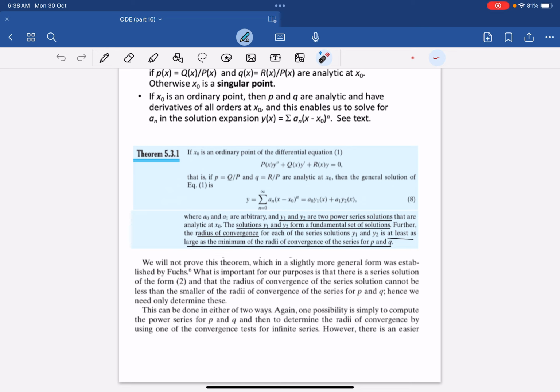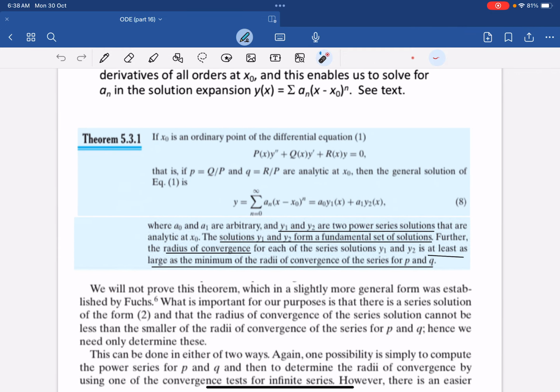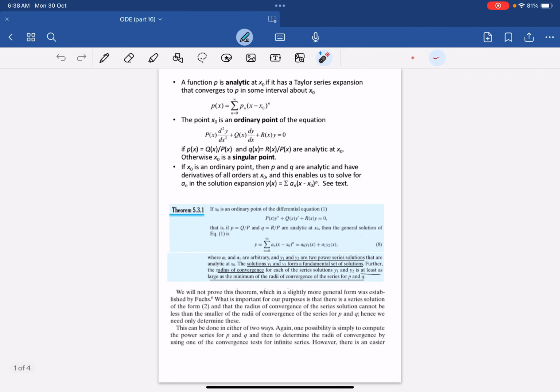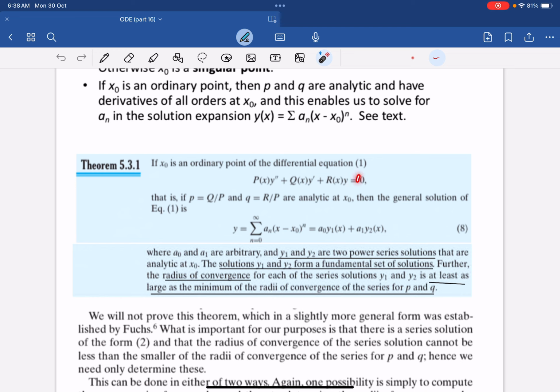We will not prove the theorem, but what's important to note is that once we know that capital Q over P, which is this little p, and capital R over P, which is this little q, are analytic, then we will have a general solution for this ODE in series form.